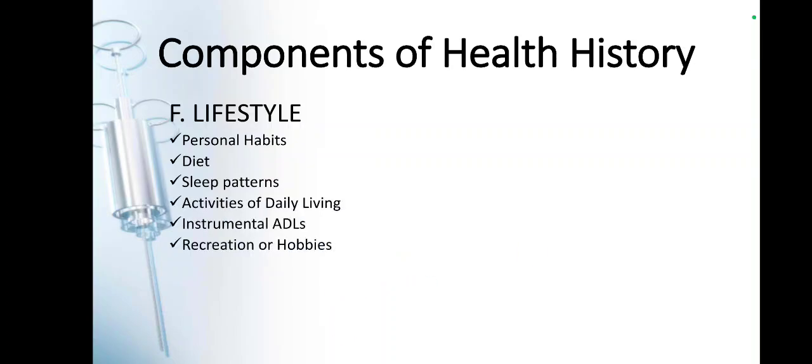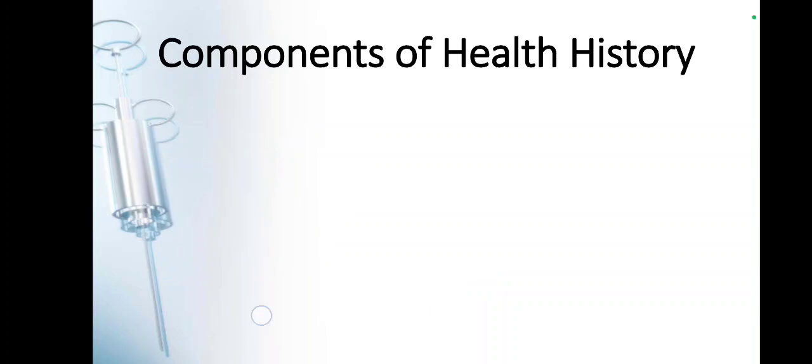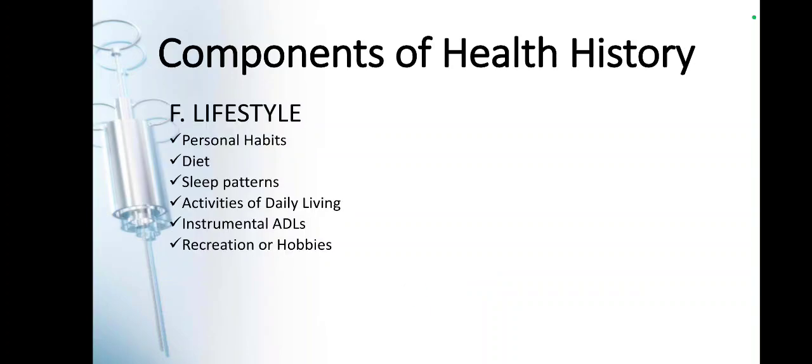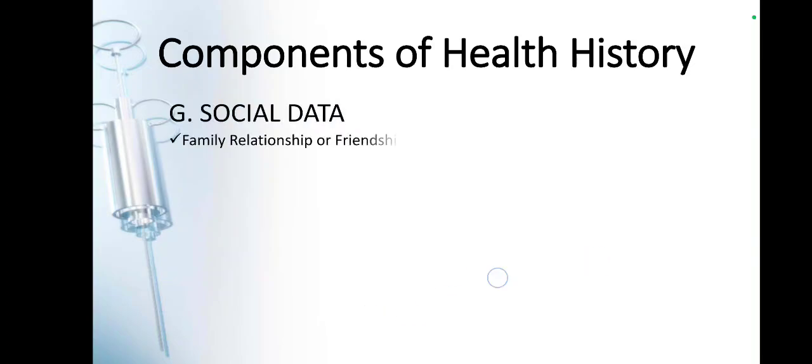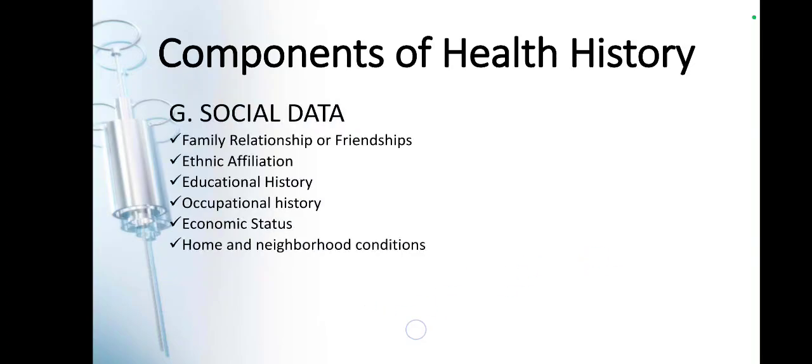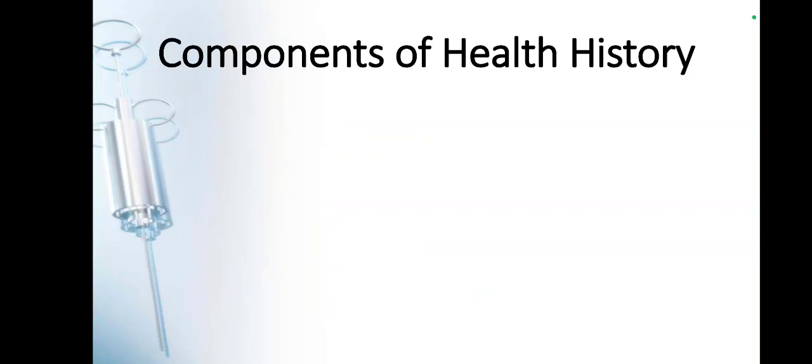And then for the lifestyle, this includes any personal habits of the patient, any diet, their sleep patterns, their activities of daily living, the instrumental activities of daily living, and any recreations or hobbies of the patient. Now, for your social data, this includes their relationship with their family or friendships, their ethnic affiliation, their educational history, any occupational history, economic status, and home and neighborhood conditions.